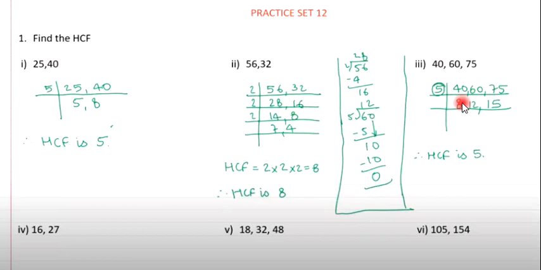No number will be divisible by all these three numbers, that is we don't have any other common factor. So 5 is the HCF of 40, 60 and 75.